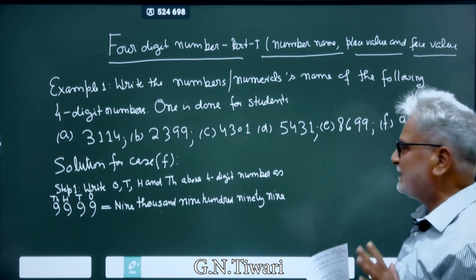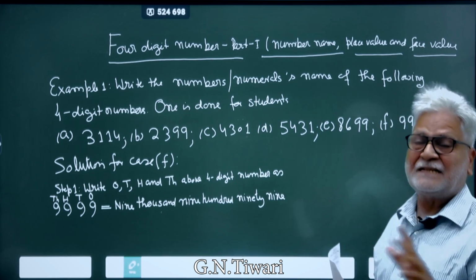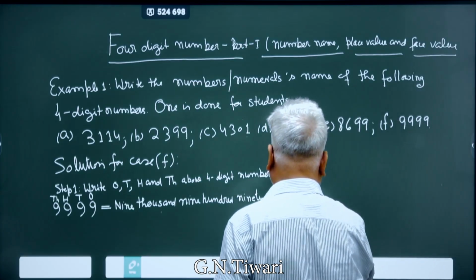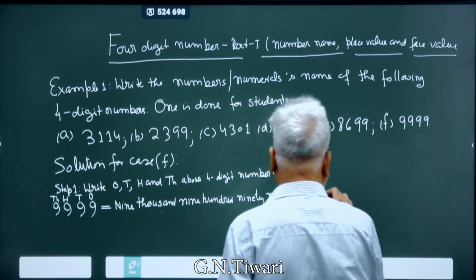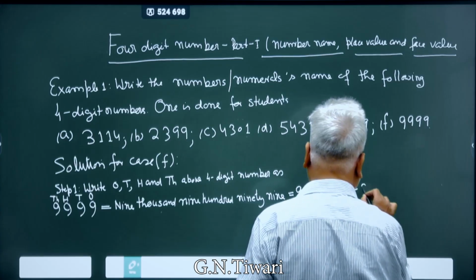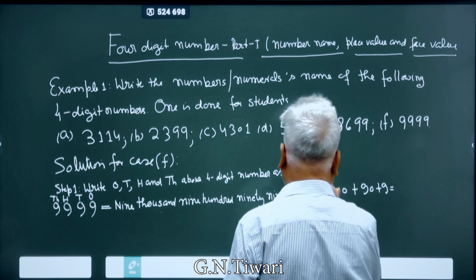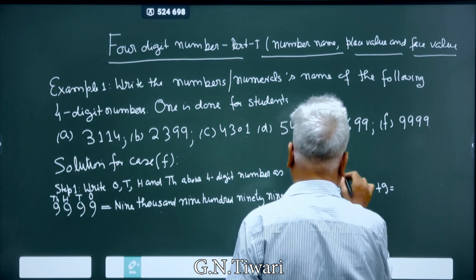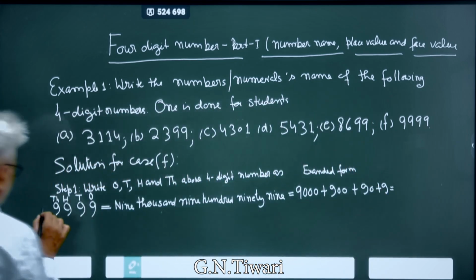Now the question is how this number can be expressed in expanded form. There are many ways to write this. First, 9000 plus 900 plus 90 plus 9. That is one form of expanded form.